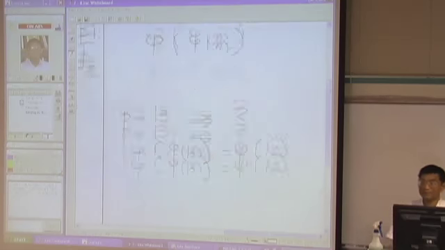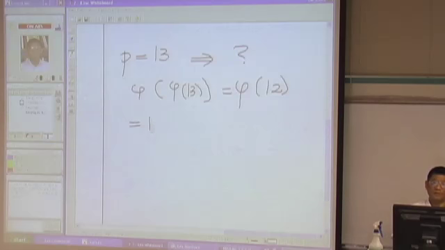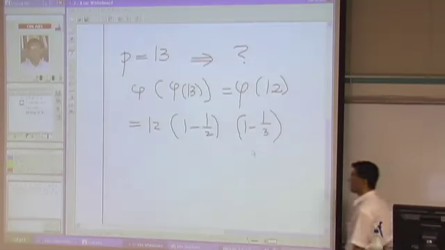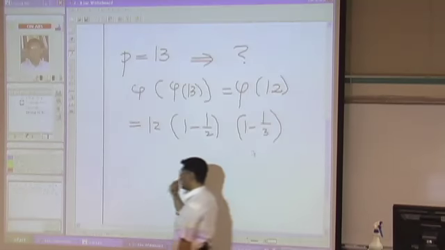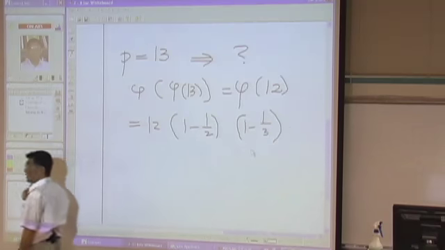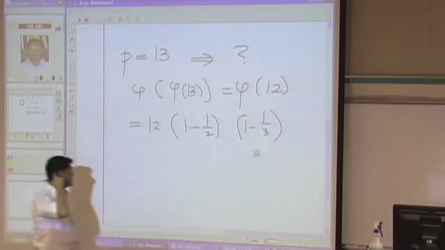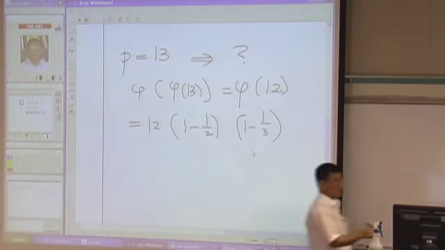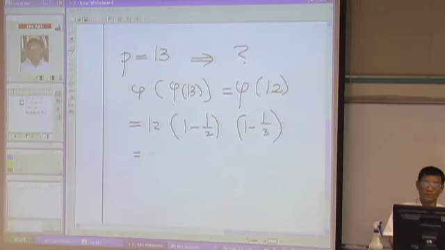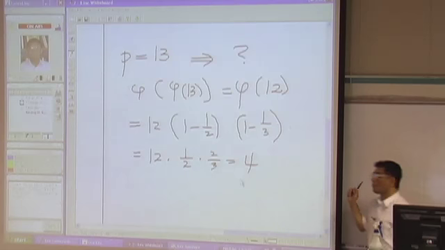Phi of 12 is what? 12 multiplied by 1 minus 1 half, 1 minus 1 third. Do we have any prime factors other than 2 and 3? There are none, so this is it. So 12 multiplied by 1 half multiplied by 2 thirds, then there are a total of 4 primitive roots.